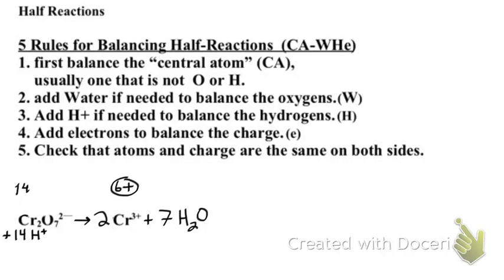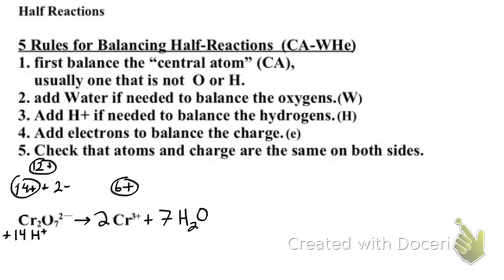So I have 14+ on this side, but I also have 2-. So I need to add to that 2-. And when you have 14 and you add to it -2, you end up with 12+ overall.